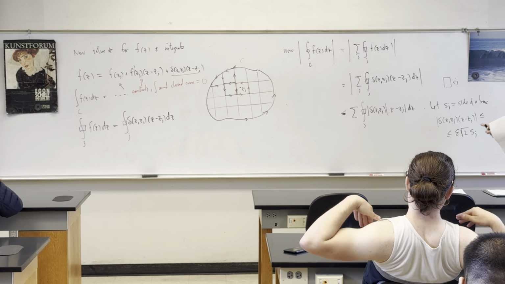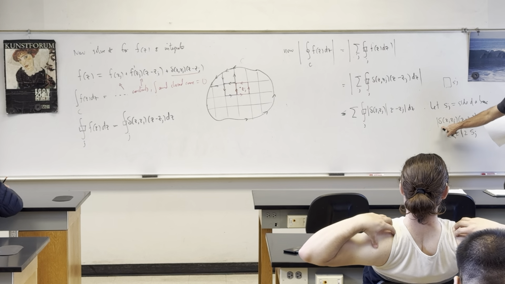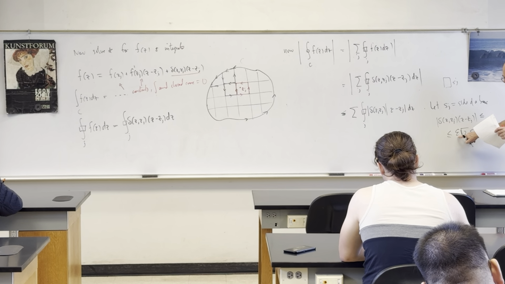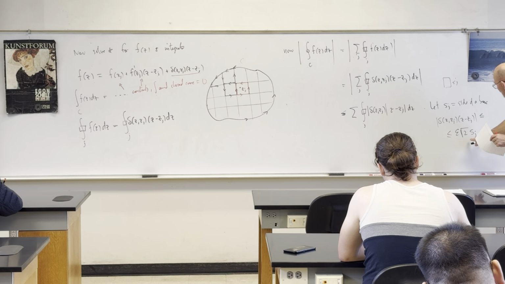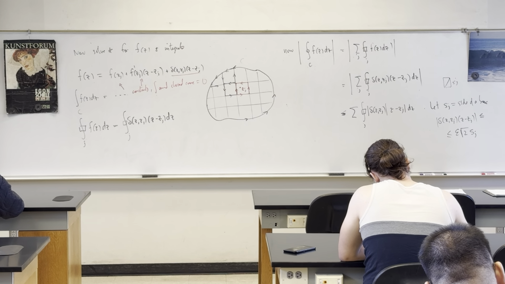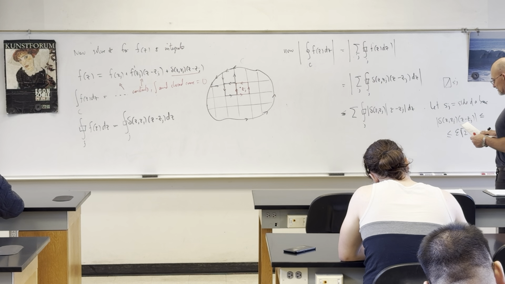Because now I'm invoking the fact that I can make these boxes as small as I need, any arbitrarily small number epsilon. And then I've got square root of 2 s j as the diagonal of a box.